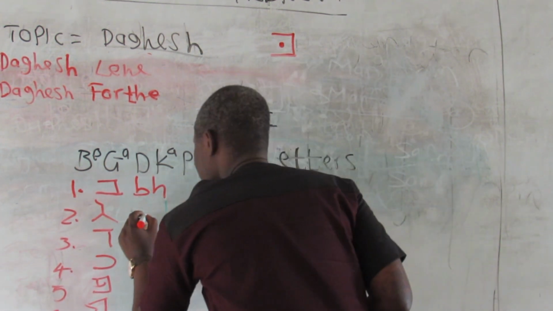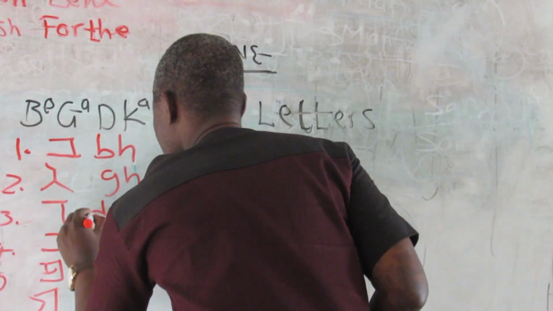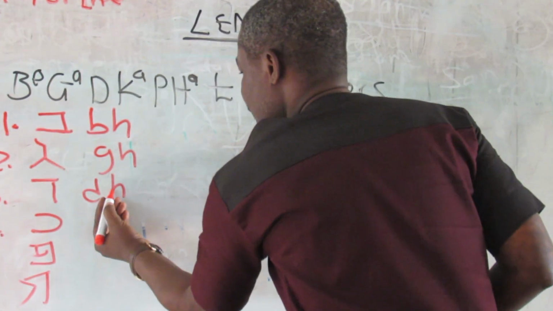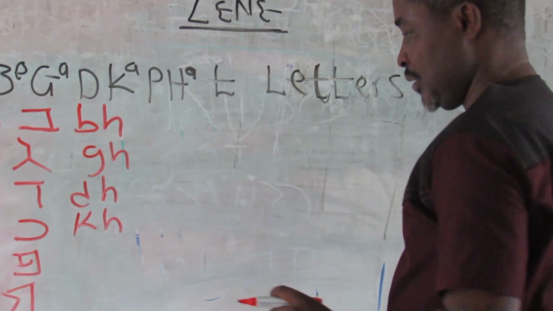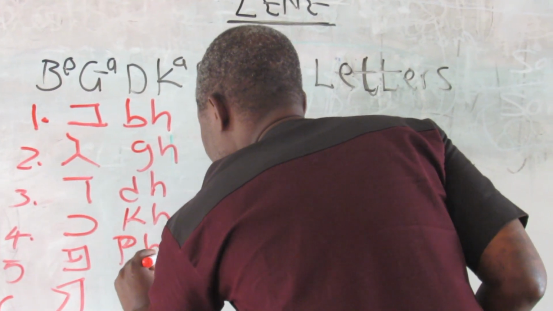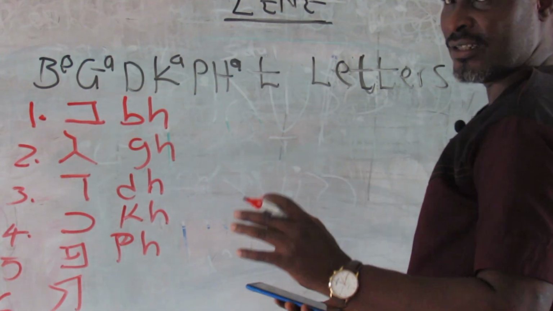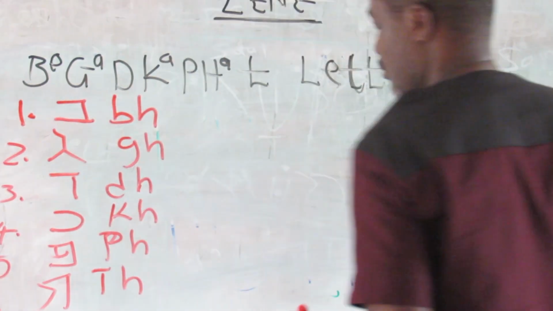For Gimel is G, which is GH. For Dalet is D, which is DH. And for Kaf is K, which is KH. For Pei is V, like in elephant, the V. The Tau is TH.